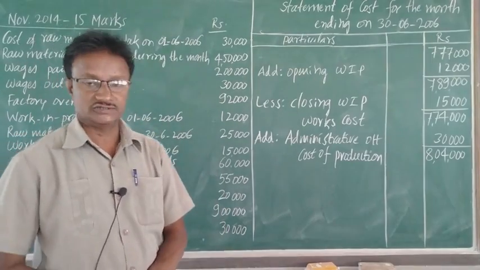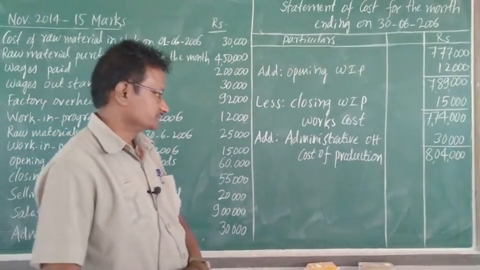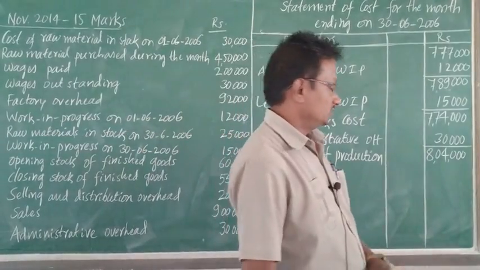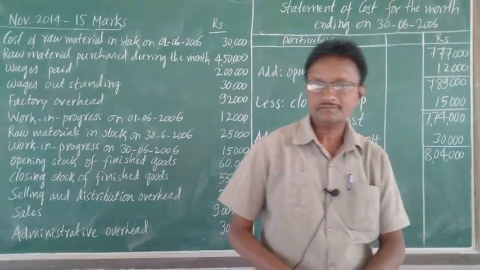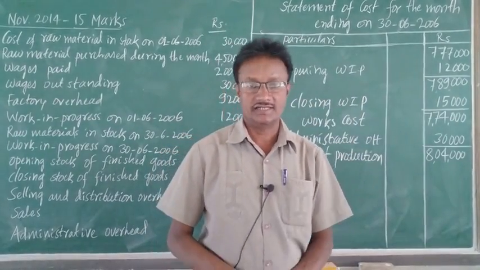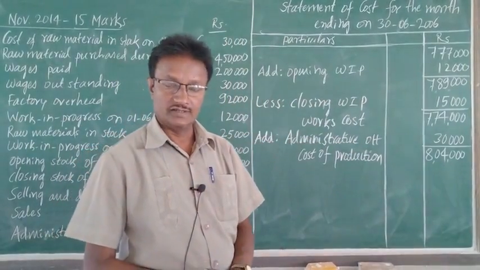Eight lakh 4,000 is the cost of production. Up to this stage, raw materials have been converted into finished goods.